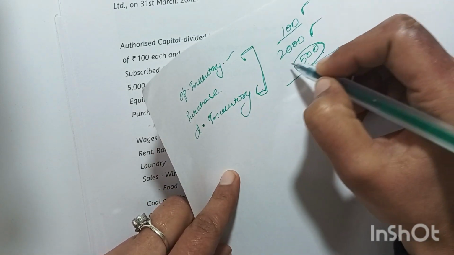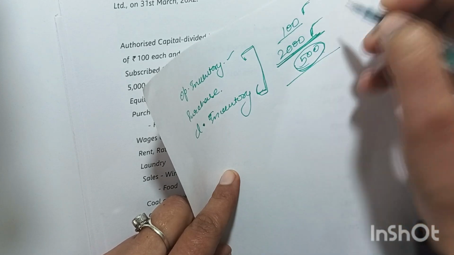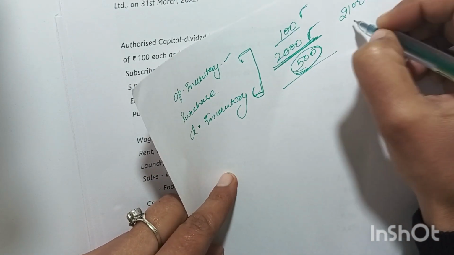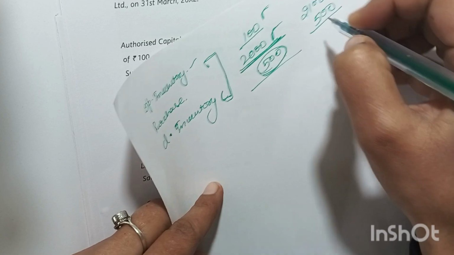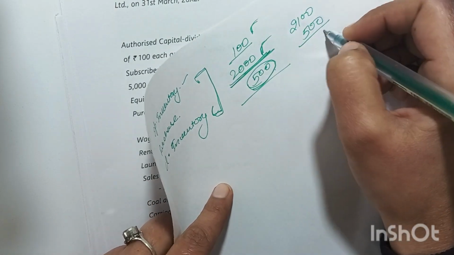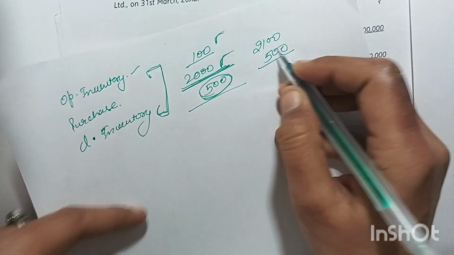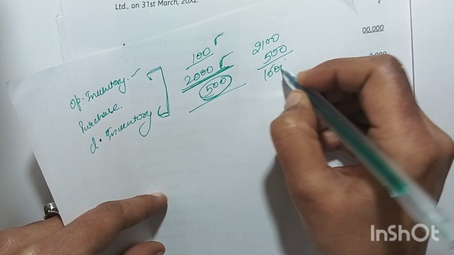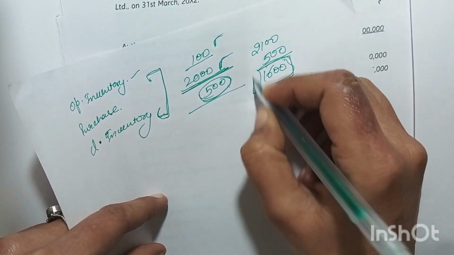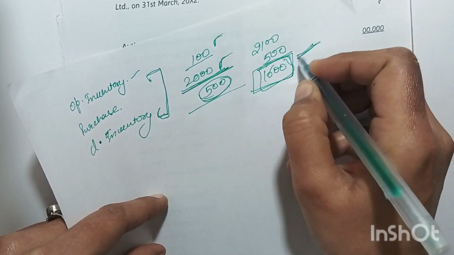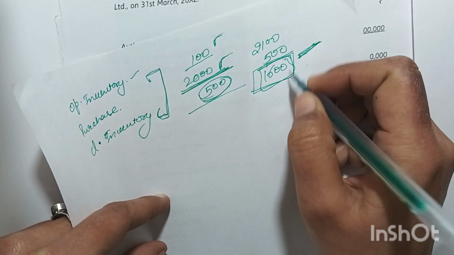So how much have we consumed? Out of 2100 we will deduct the 500. So we have consumed 1600. This is the normal principle, or the calculation criteria, for the cost of material consumed.